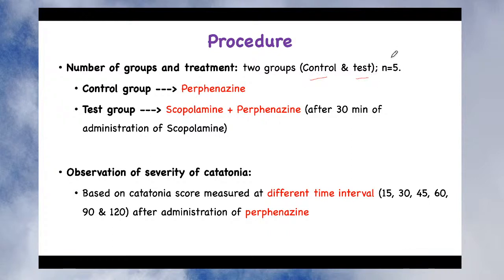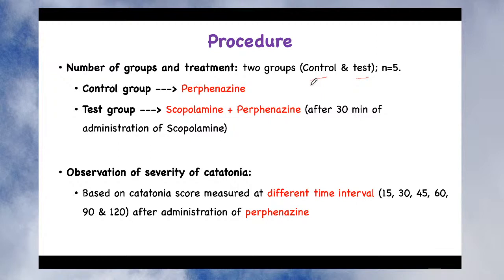What is n equal to 5? It means each group has 5 animals, meaning you have selected 5 rats in each group having a weight between 180 to 230 gram. Whatever weight range you select, you must stick to that weight range so that the body weight does not affect your experiment, isn't it? That is the actual objective of selecting animals in a particular body weight range.